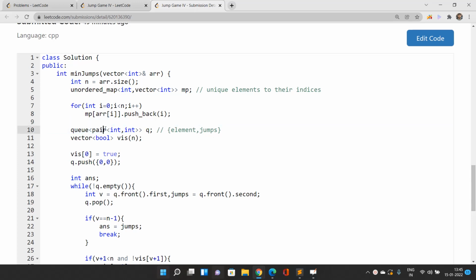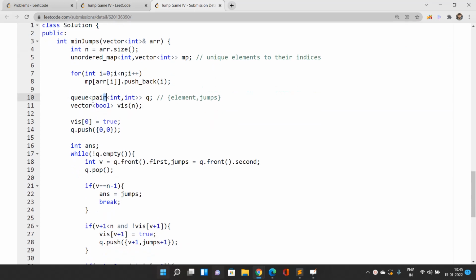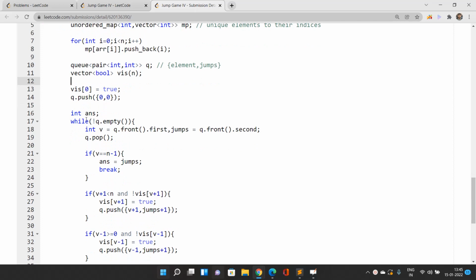I will push into the queue to perform a breadth first search, and I will mark those intermediate values which are being visited using this visited vector. Each time I will pick out this element and the minimum number of jumps. Note that breadth first search works in a level order traversal, so you need not maintain a different condition or for loop to work for all those levels and then jump to the next level.